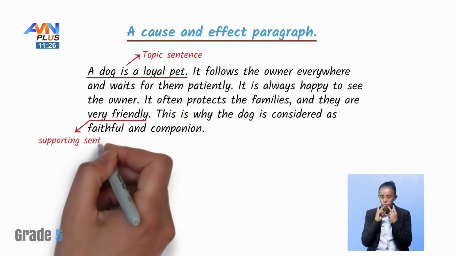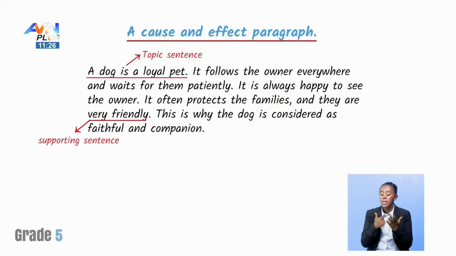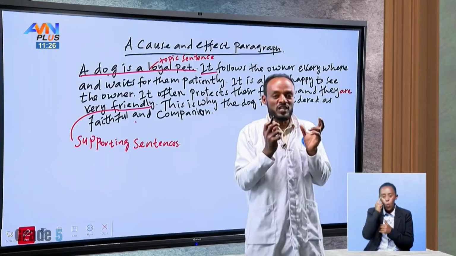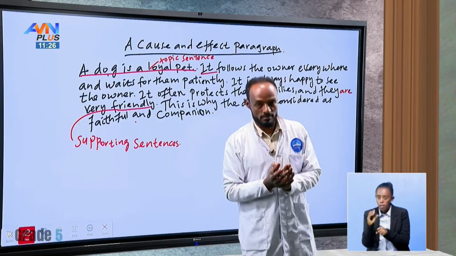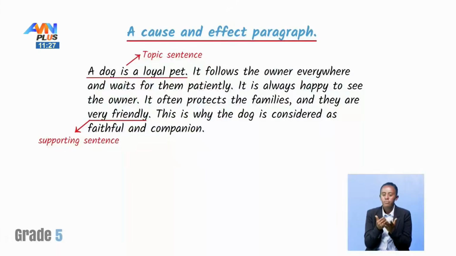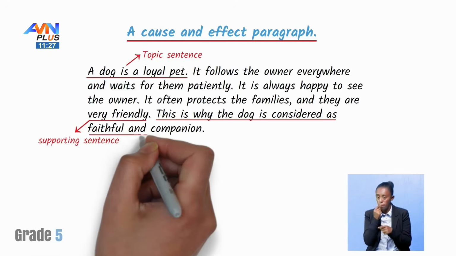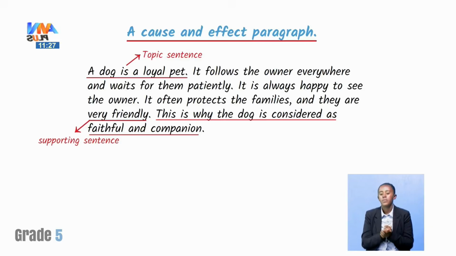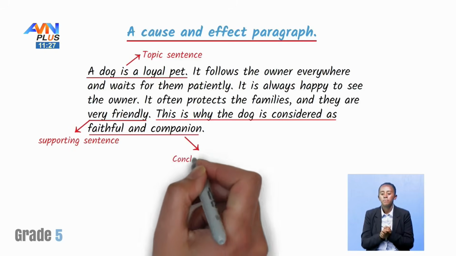Look, what about this one here? This is why the dog is considered as faithful and a companion. This one, the underlined one at the last point, is the concluding sentence.